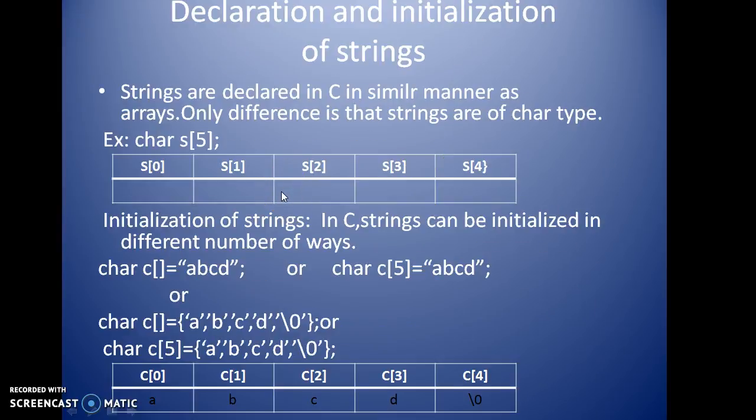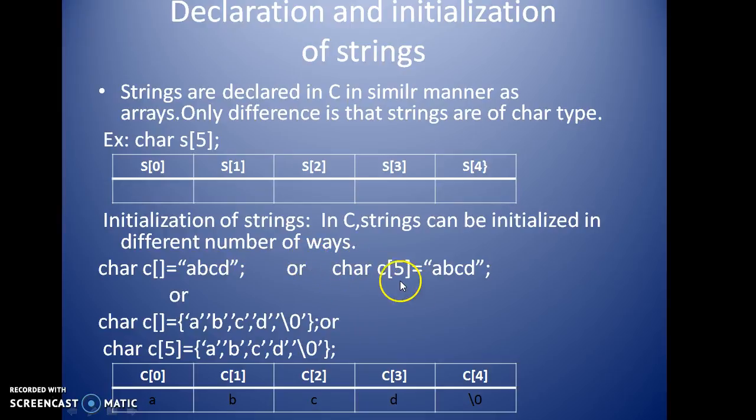So how can you initialize the values of strings? In different ways we can initialize strings. Suppose the data type is char and the string name is C. Here we have not mentioned the size of the array. How many characters you want, you can write in between double quotation marks.